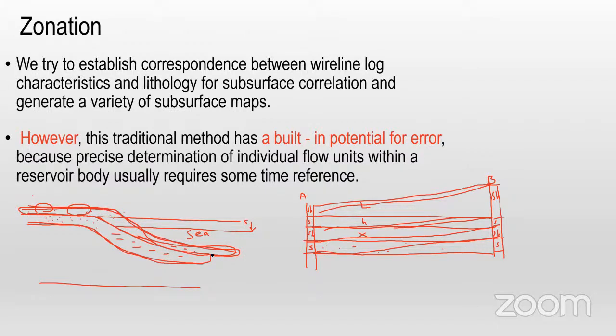So that's a new method, and that was the traditional one. In the traditional method, you're not able to find the flow units because you connect intervals that in reality are not connected.